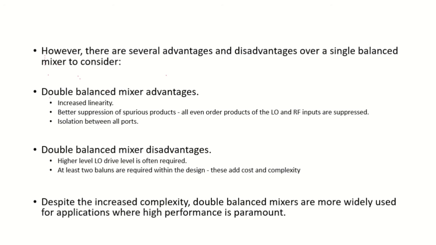This adds cost and complexity. So a balun is basically used for matching, for example between the RF input and the antenna. So it needs a balun to match between the two components. Despite the increasing complexity, double balance mixers are more widely used for applications where high performance is paramount.